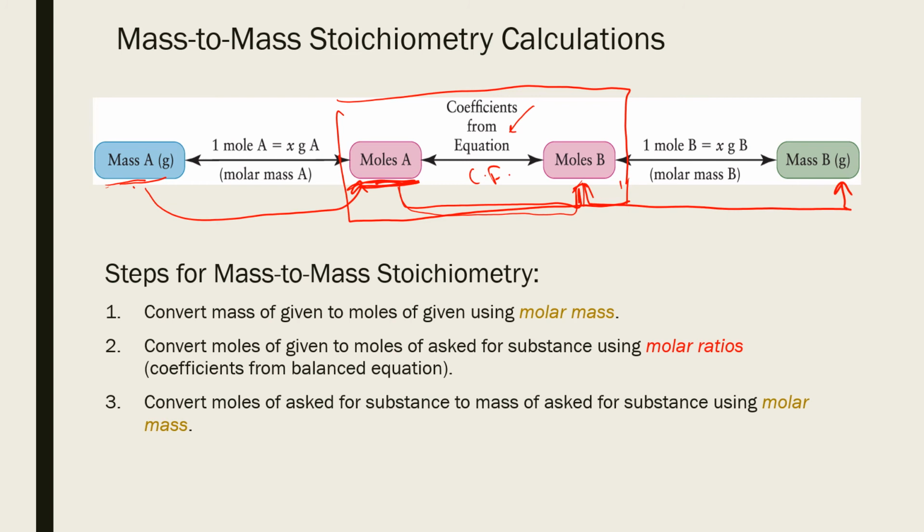These kinds of problems are known as mass to mass stoichiometric calculation, because you start with the mass of a reactant and you end with the mass of a product.